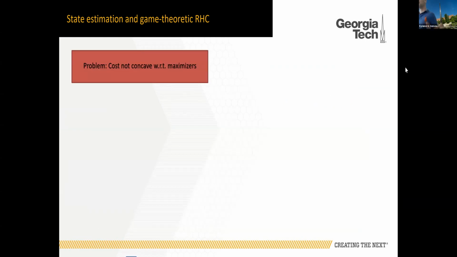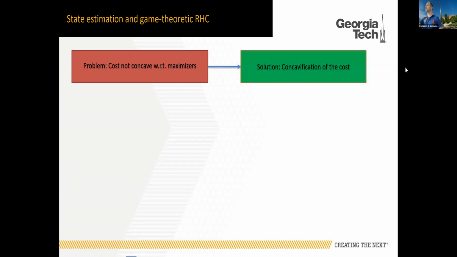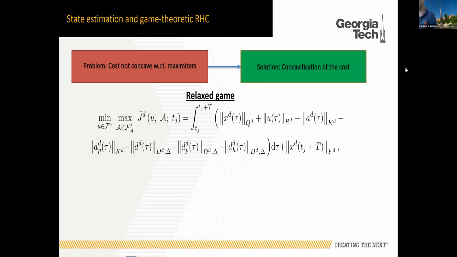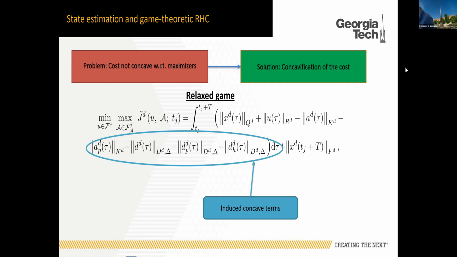One problem that we can see here is that the cost is not really concave with respect to the maximizers. So I will try to concavify this cost. I will just try to relax it. I will do some manipulations and add some induced concave terms for the problem to be concave with respect to the maximizer.